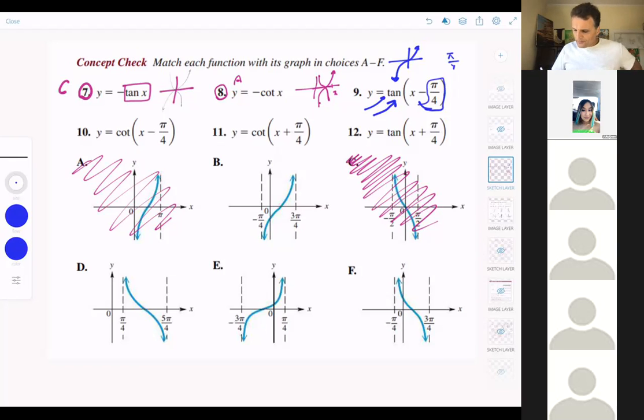So F is not correct. I think it's B, because the graph of tangent is like this, and here is negative pi half and this is pi half. Now, if you add pi over 4, you move pi over 4 to this side. So it will be B.